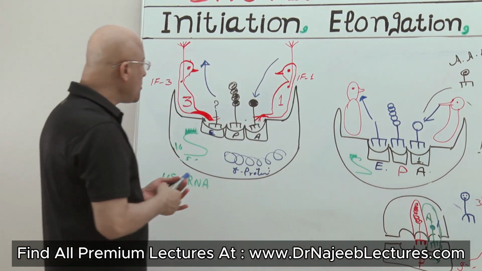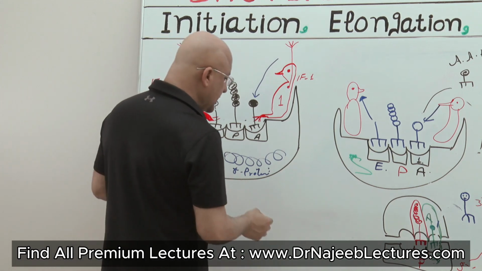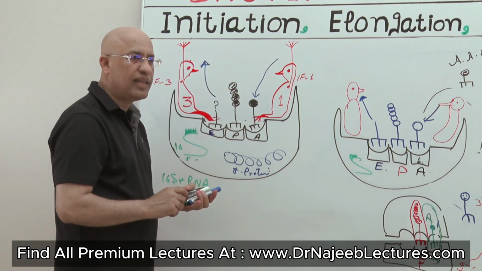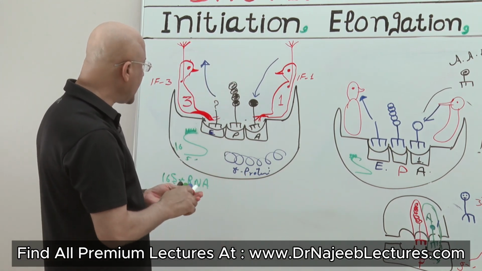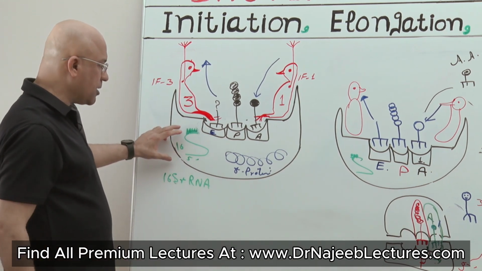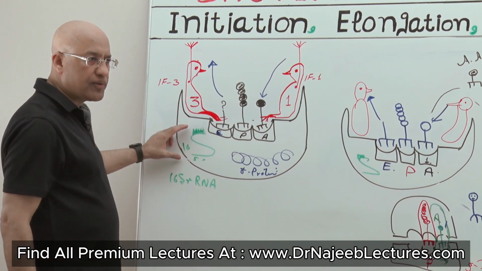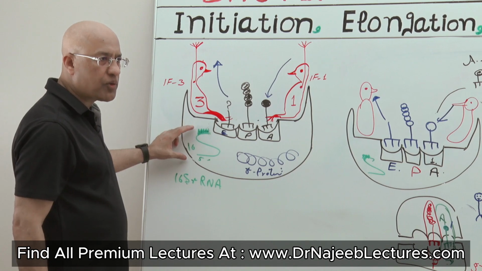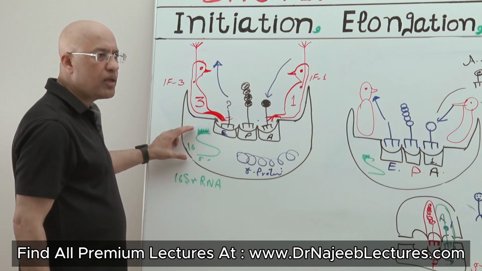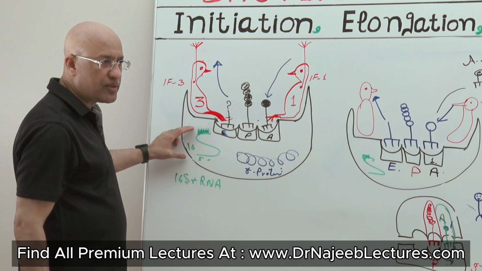Now, how many domains of the 30S subunit have we discussed? Let's make a brief review. Number 1, the 30S subunit is the smaller subunit involved in the translation process of prokaryotic protein synthesis, right?